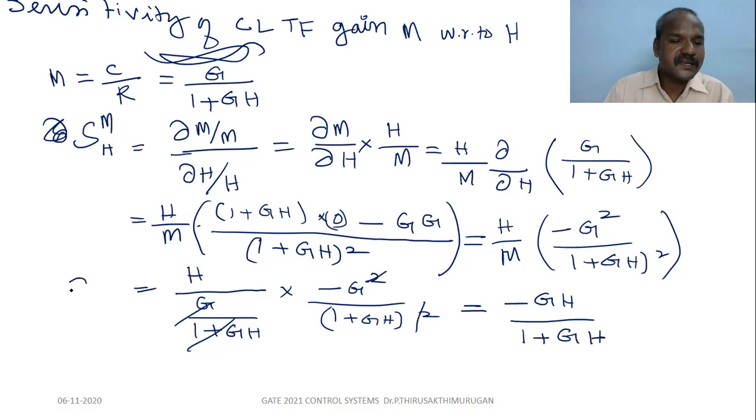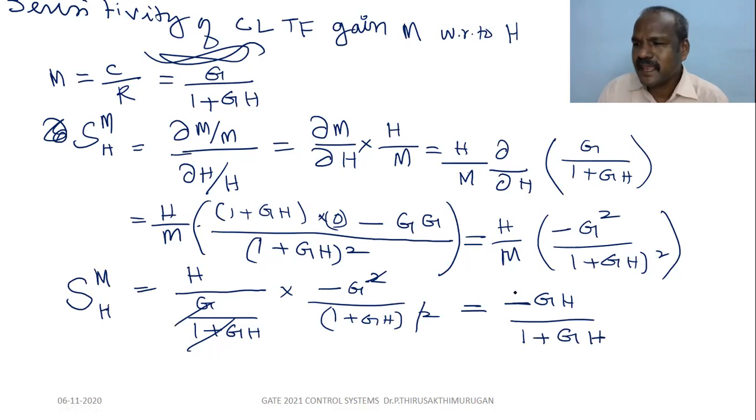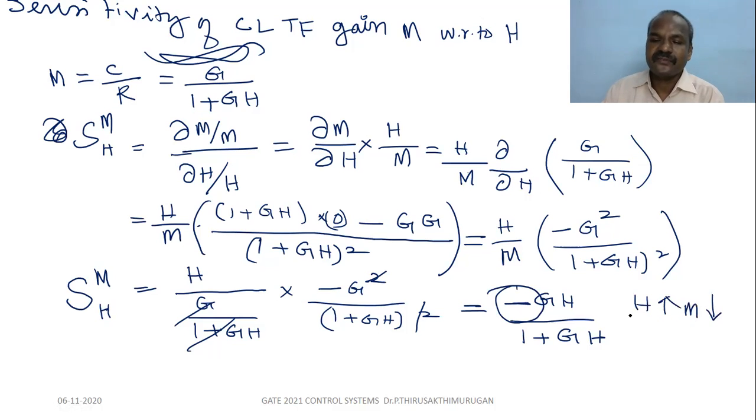So the sensitivity of the overall gain with respect to the feedback gain changes is minus GH over 1 plus GH. The minus sign indicates that when H increases, M decreases, and vice versa: if H decreases, M increases.